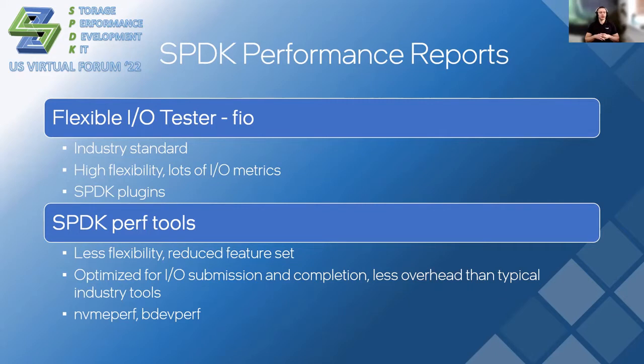It's great to use in any case where we want to compare SPDK with kernel counterparts, because it can work with kernel block devices as well as in user space with SPDK, thanks to the 2 plugins created by our team. One of those plugins is using the NVMe driver directly, and the other one works with the block device layer.